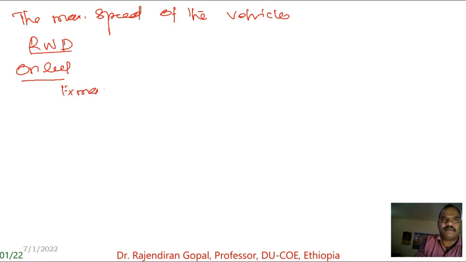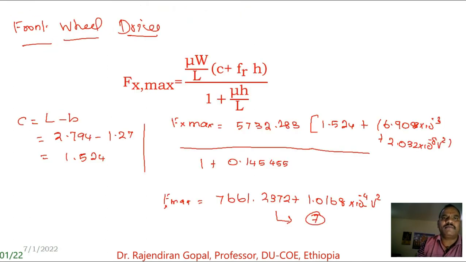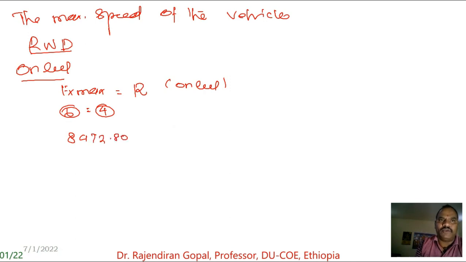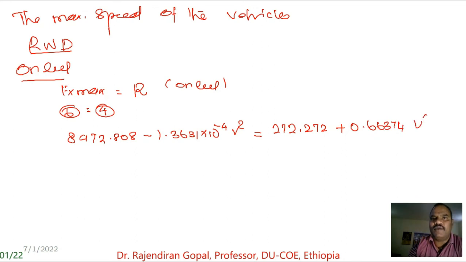Now the maximum speed of the vehicle for rear wheel drive on level: equating tractive force Fx max with resistance on level, that is equation 6 with equation 4, we get 8472.808 − 1.3631 × 10^-4 V² = 272.272 + 0.66374 V².